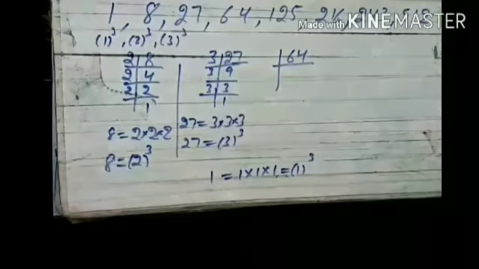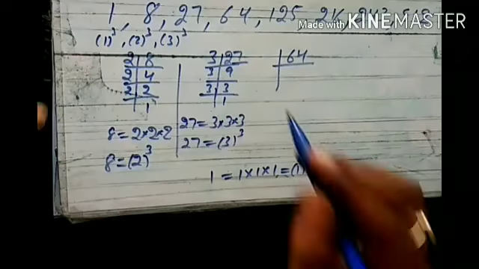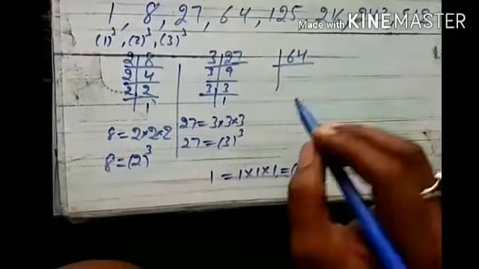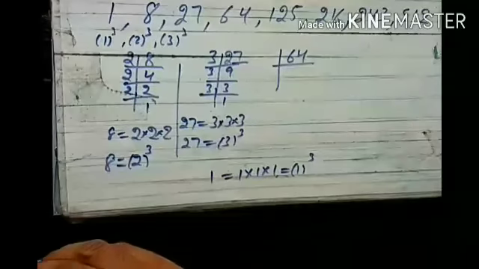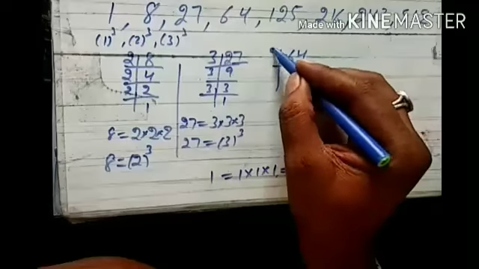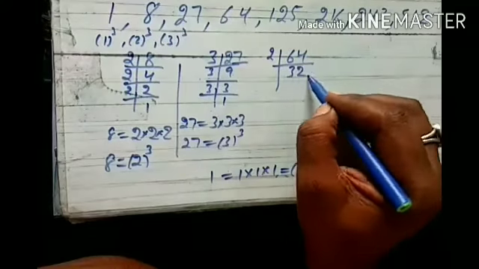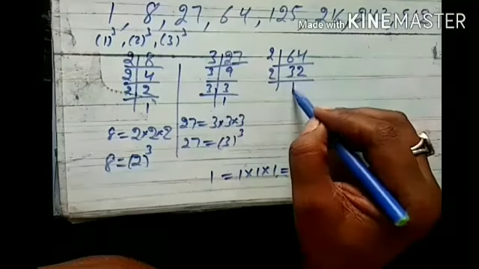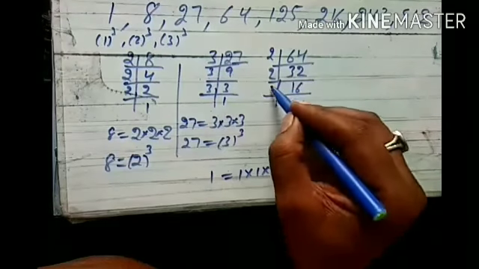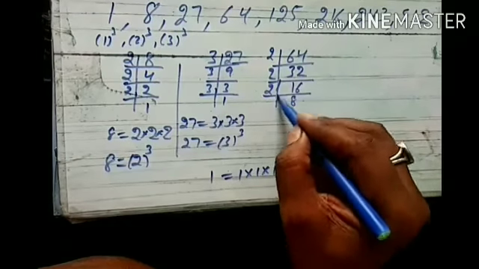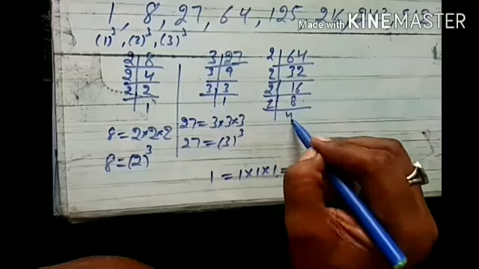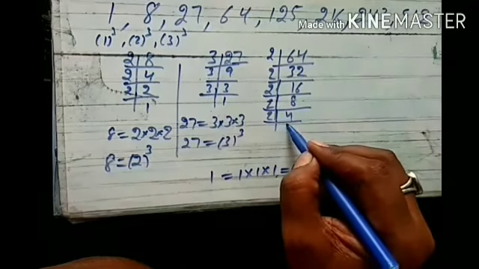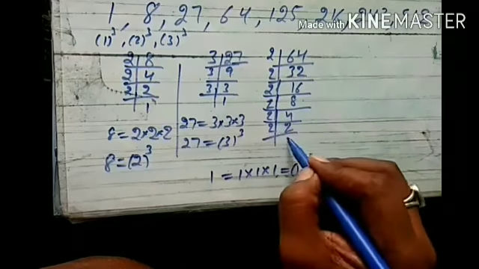Again, if you see 64, if you divide 64 by 2, that is 32. Again, it is divisible by 2, that is 16, and it is divisible by 2, that is 8. Now 4, now 2, and again 1.